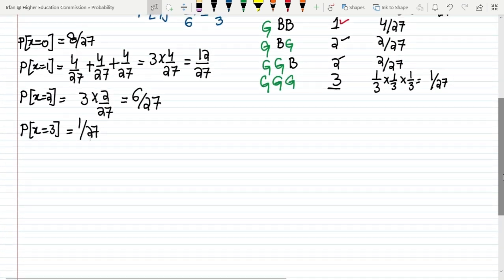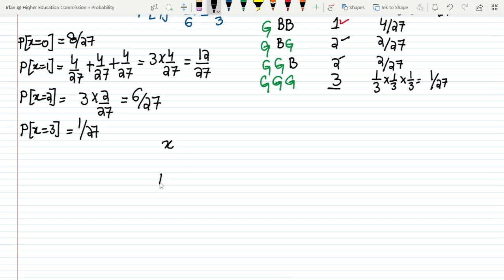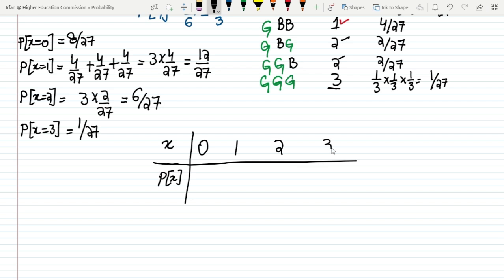Now plotting it out here, this is x, this is p of x, and here we will have these items, 0, 1, 2, 3. It will be 8 by 27 for 0.